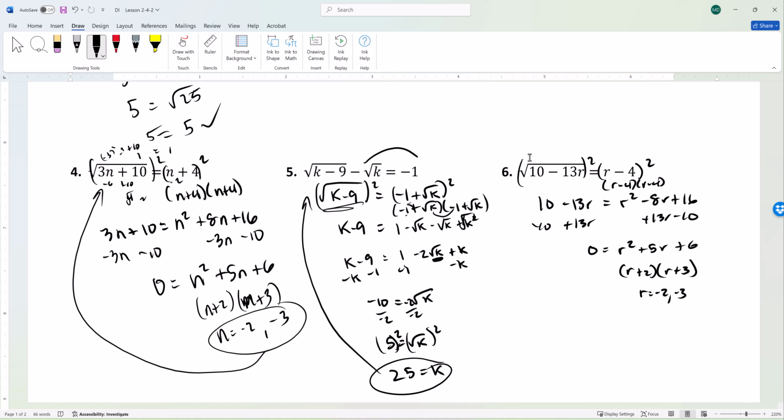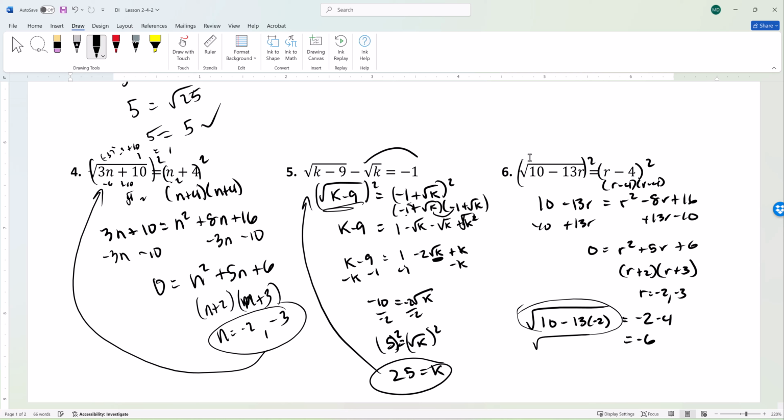Now we have an issue here, and here's the issue. If I go to test this, if I plug in negative 2, 10 minus 13 times negative 2, I get negative 2 minus 4, which equals negative 6. A radical will never equal a negative number.